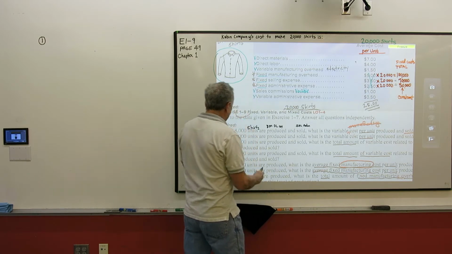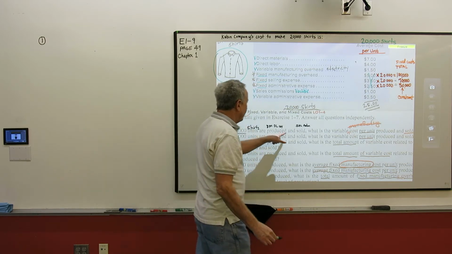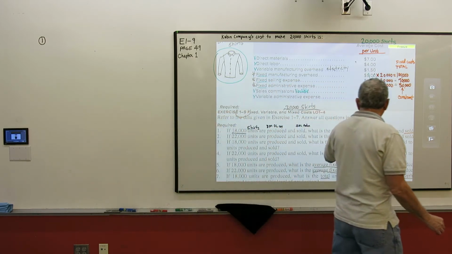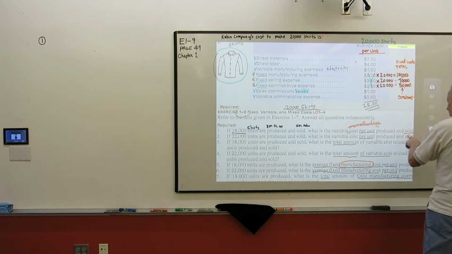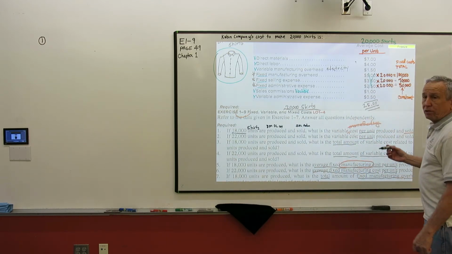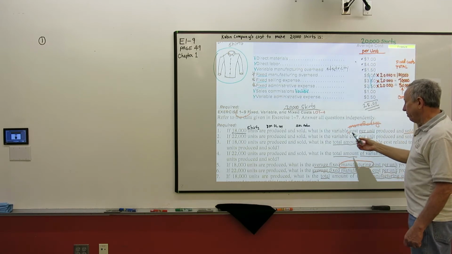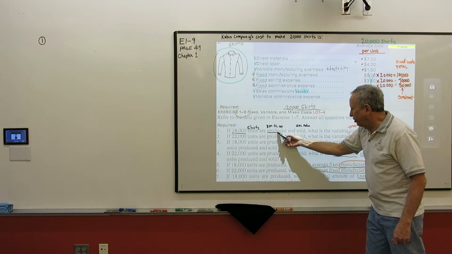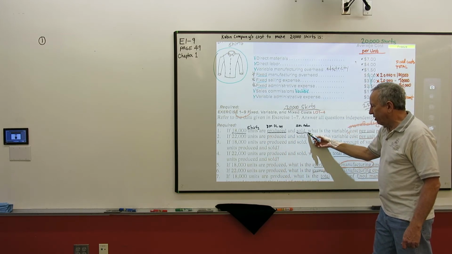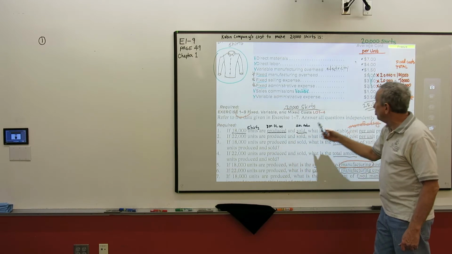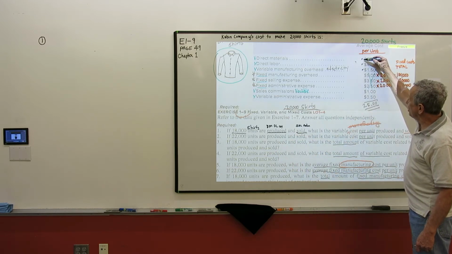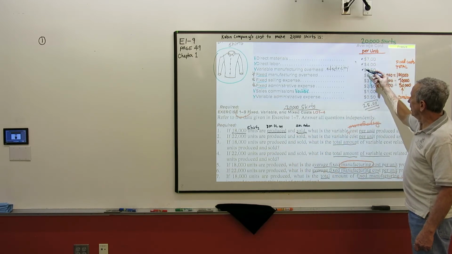So anyway, it says if 18,000 units are produced and sold, what is the variable cost per unit produced and sold? Okay, the variable cost. Well, let's just go get it. It's right here. 7, 4, 150. And it does say it wants the production costs and the selling costs. You see, if they are produced and sold, there's production, materials, labor, and overhead.